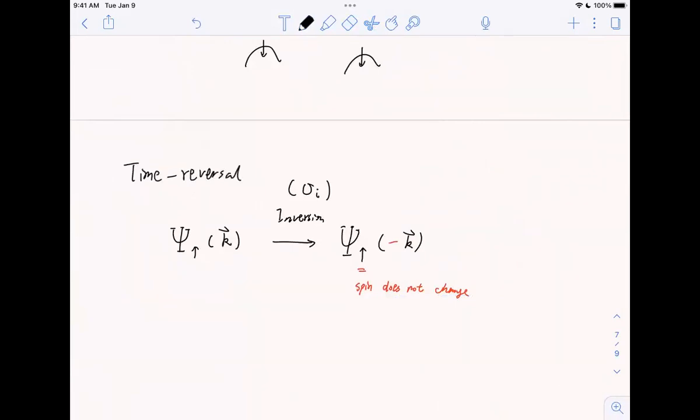Now, time reversal symmetry is overall more general than inversion symmetry. As long as you don't have a magnetic field, or your material is not magnetic, then you have time reversal symmetry, because all the physical rules are time reversal symmetric. Generally, all the rules in physics have time reversal symmetry.